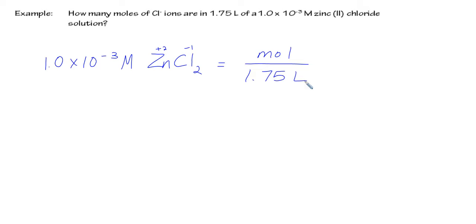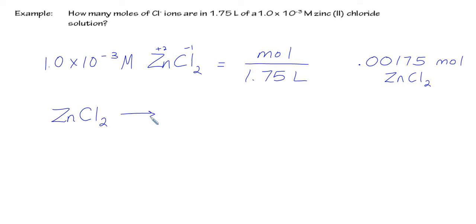I can cross multiply and solve this sucker for moles. 0.00175 moles of zinc chloride.